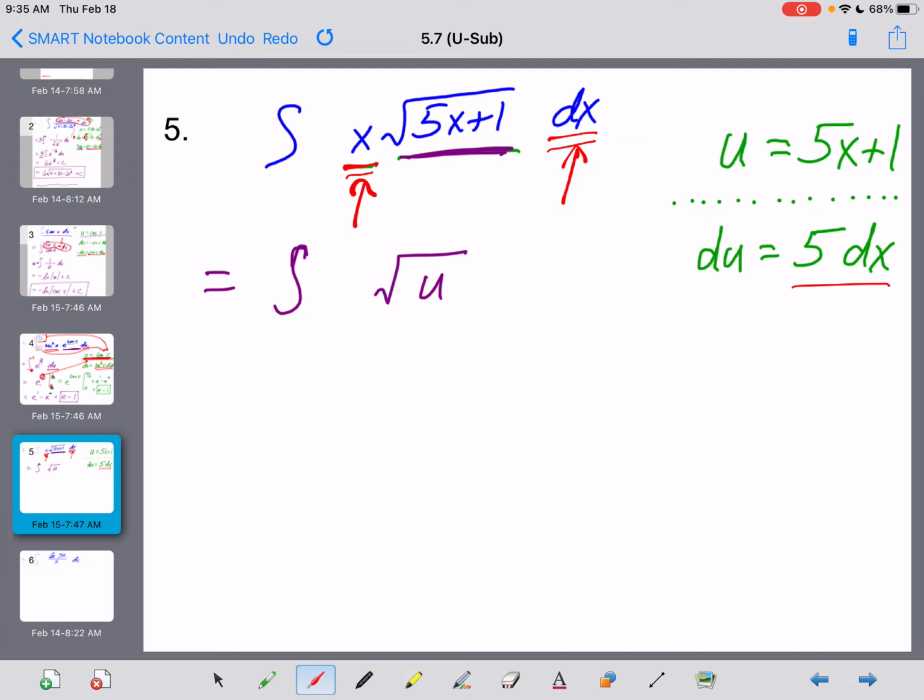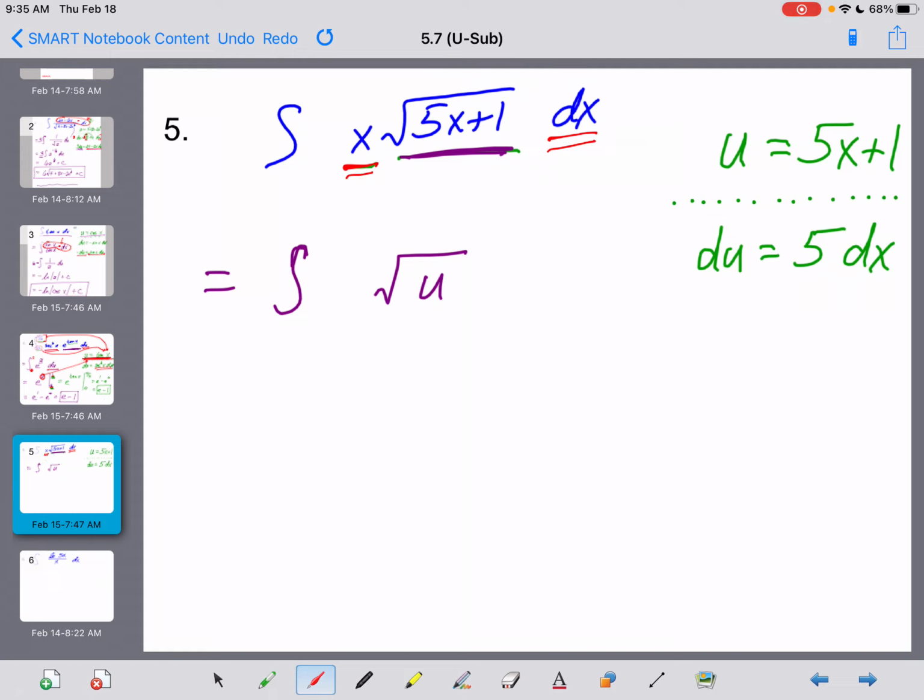And the answer is no. In a big way, no. I was really hoping for an x dx right over here, or even a 5x dx, and I could have just divided out the 5. But no, that didn't happen here either. I didn't get an x at all. Now, what I did get that is somewhat helpful is at least a dx.